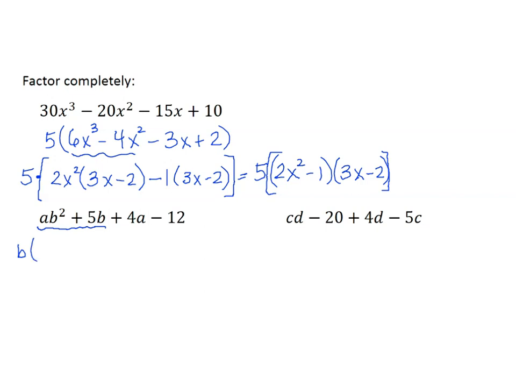Because this term has an a, but this one doesn't, and this term has a 5, but this one doesn't, all I can take out is a b. That's all they have in common. So in the first term, I'll be left with just a b, and in the second term, I'll be left with 5.